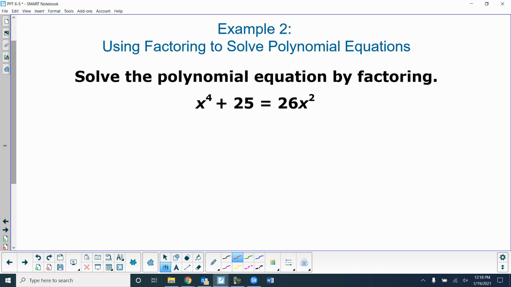So let's look at this one. Instead of factoring it, which we can do, we'll just put it in the calculator. Before I put that in the calculator, though, I have to set it equal to what? 0. So what do I do to get it equal to 0? Right. Subtract the 26x squared. Where's that going to go? In the middle, right?